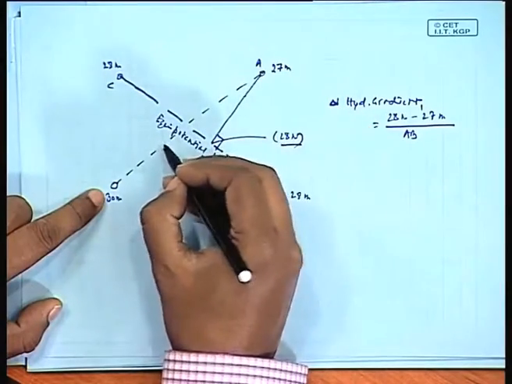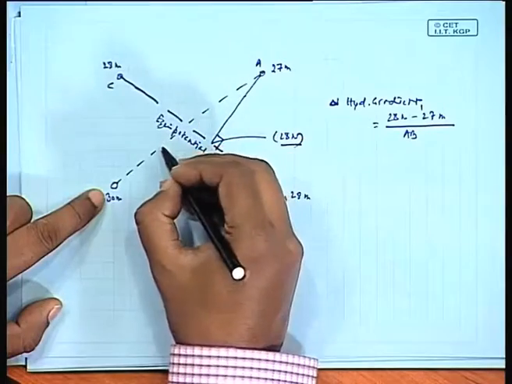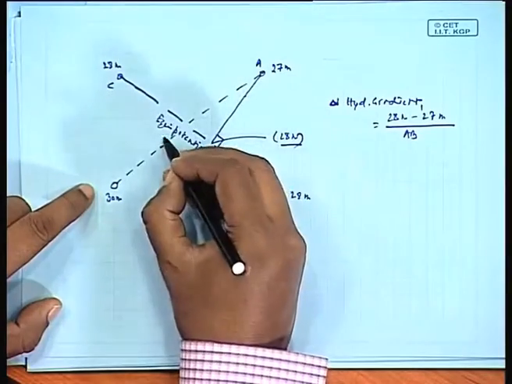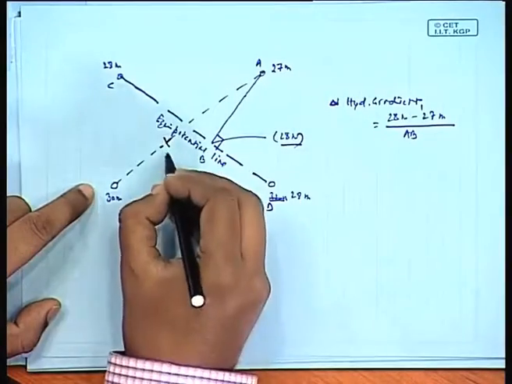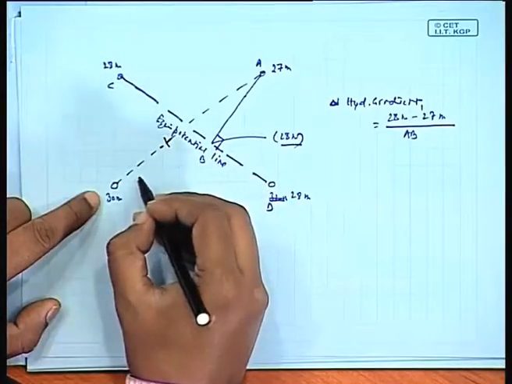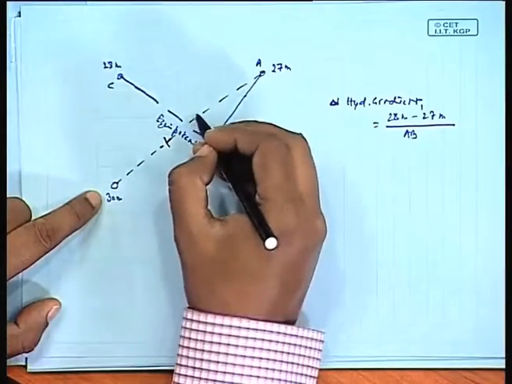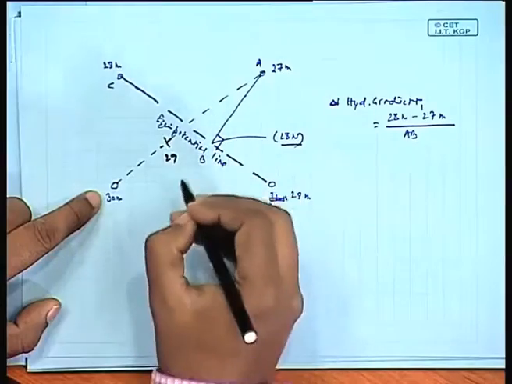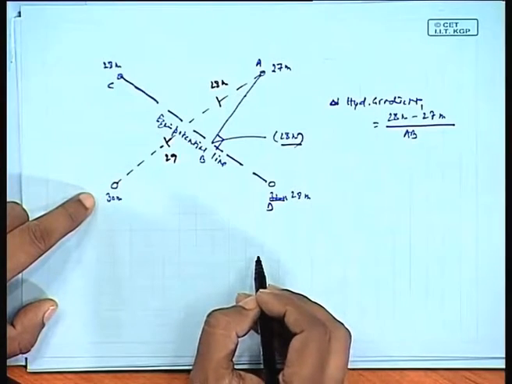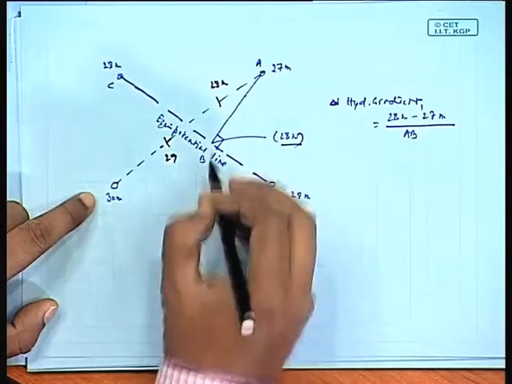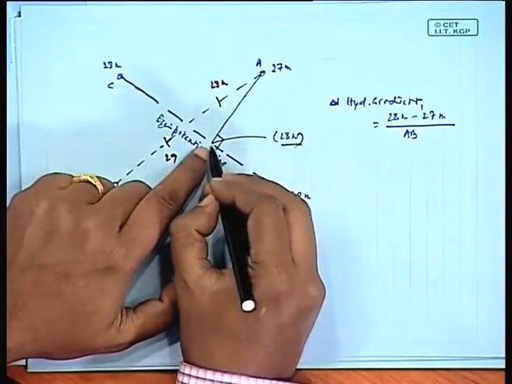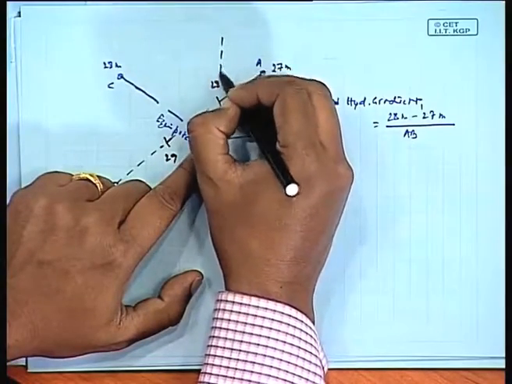If we distribute this 3 meter head along this line, we get 30, 29, and then 28 here. In such cases, we again have to make an equipotential line from here.